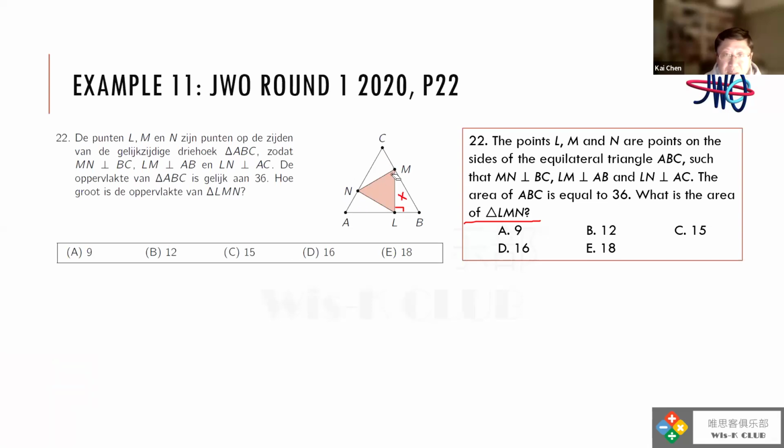We can just calculate the ratio of the sides. For instance, AB is the side of the bigger regular triangle, and LN is the side of the smaller triangle. If we know this ratio, we just square it, and we get the ratio of the areas, right? Because we already know the area of ABC is 36. Okay, so let's follow the second solution.